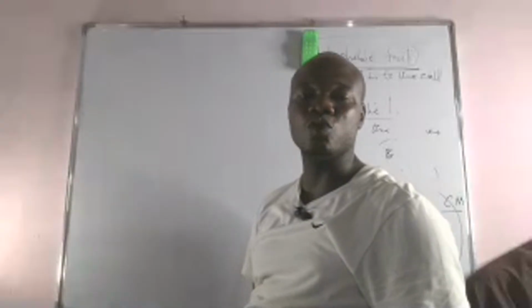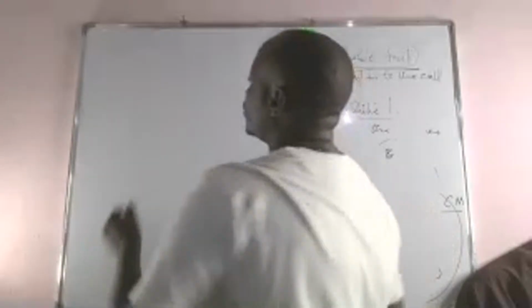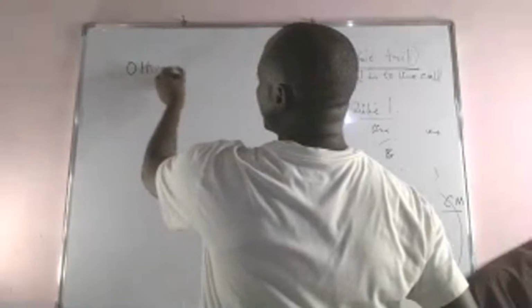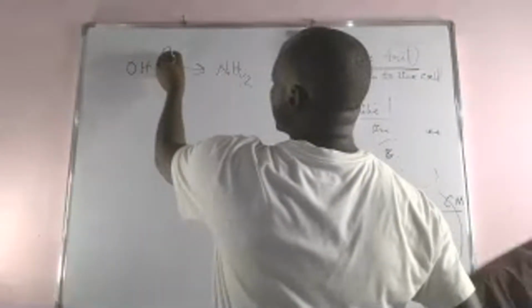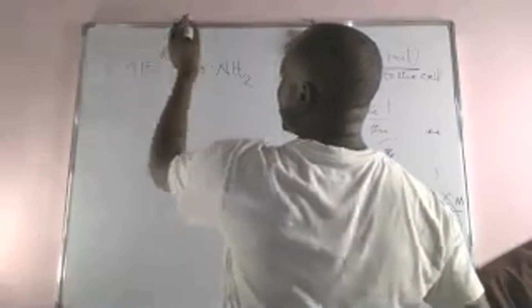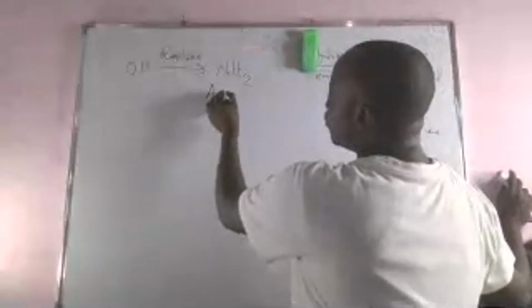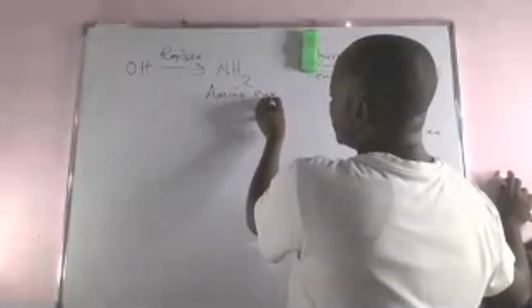What are amino sugars? Amino sugars are sugars in which one of their OH groups is replaced with an amino group. So when one of the OH groups of a sugar is replaced with an amino group, that sugar is called an amino sugar.